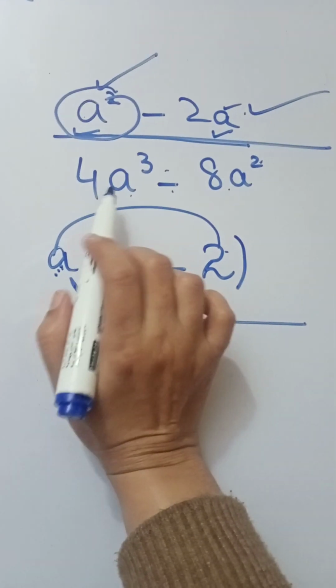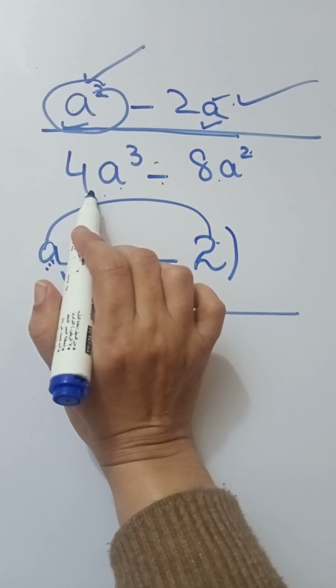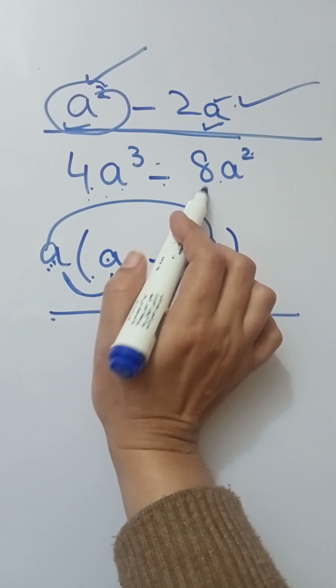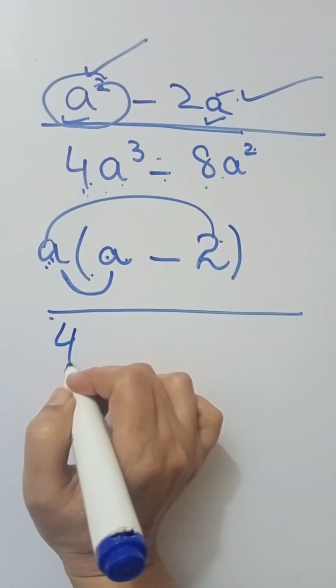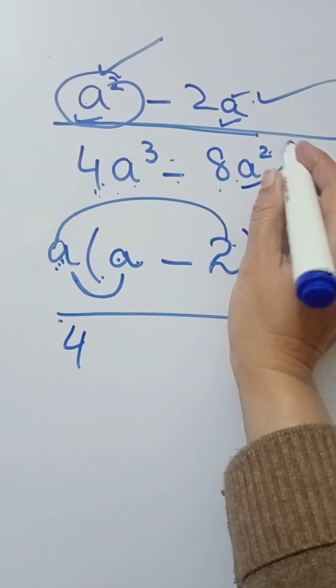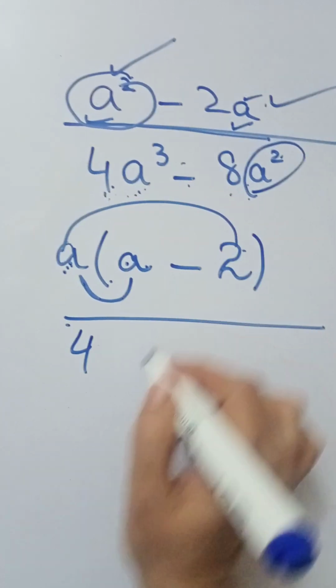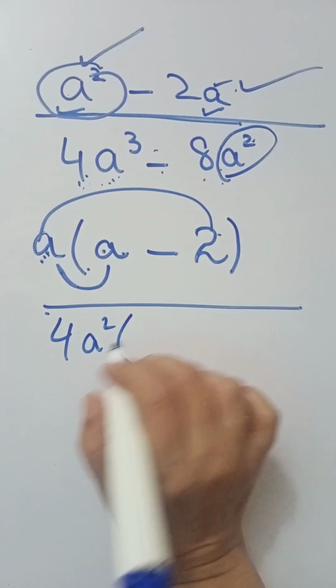Now here, in case of numbers, which one is smaller or divisible into the other number? 4, it can divide 8. So we take 4 as common here, and a square is the lower term which is common in both, so we take a square as common here.